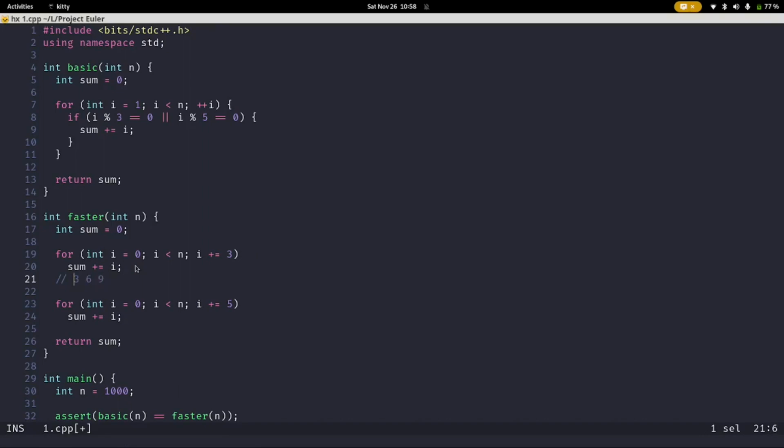We're starting from 0 and adding 3 each time: 3, 6, 9, 12, 15, 18, 21, 24, 27, 30, like that. And over here we're starting from 0 and incrementing by 5. So we're adding 0, 5, 10, 15, 20, 25, 30, and so on.